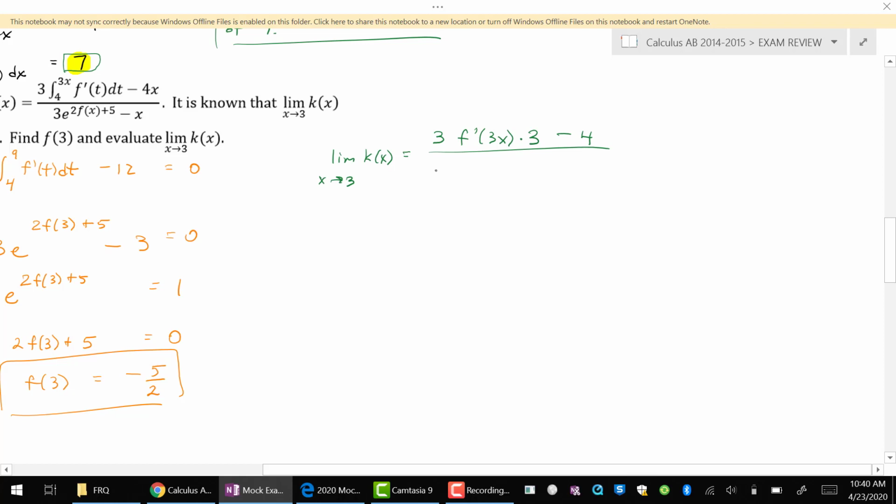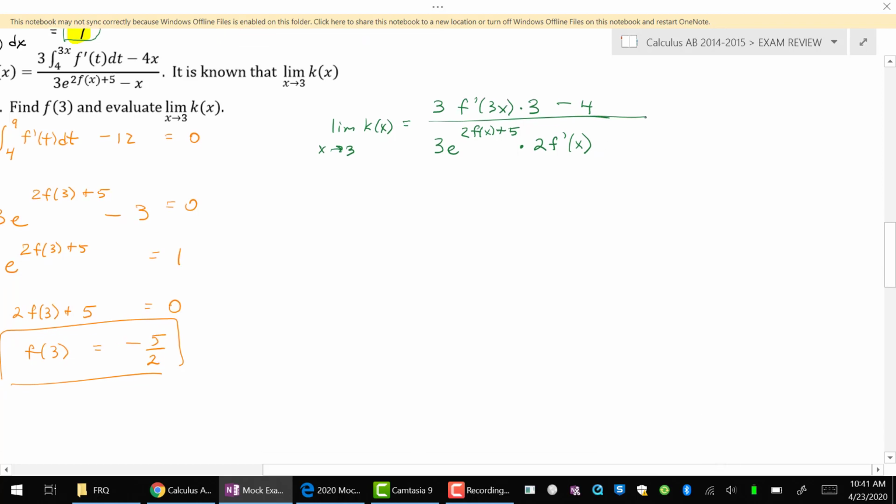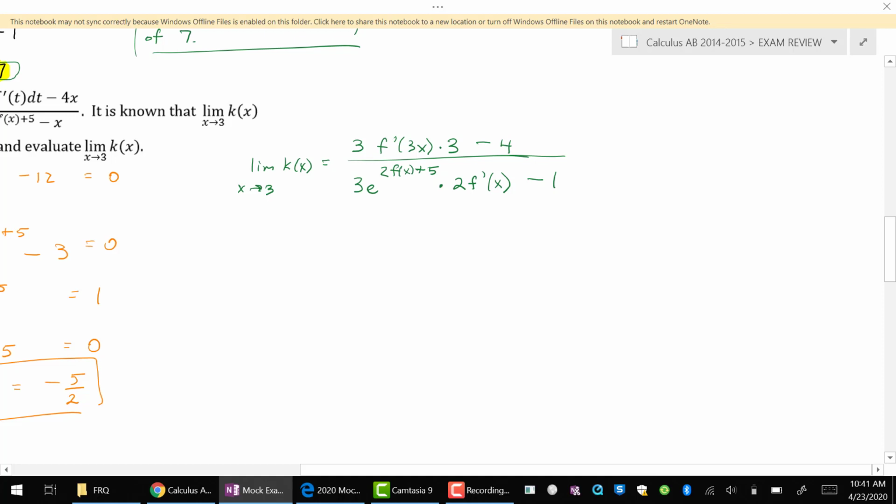So I have 3e to the 2f of x plus 5 times natural log of e times the derivative of the exponent, which is going to be 2f prime. All of that is the derivative of my exponential function, and then there's a minus 1 out there too. So let's not lose track of that negative 1.